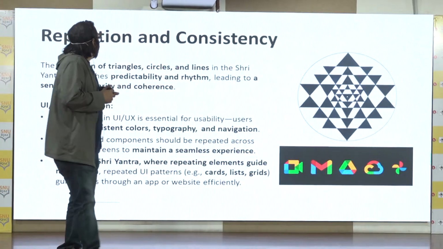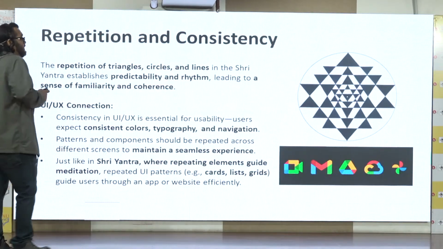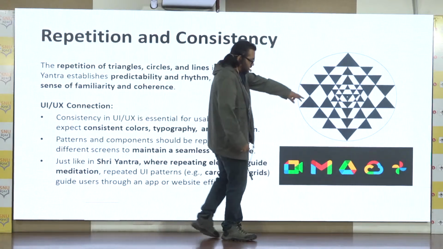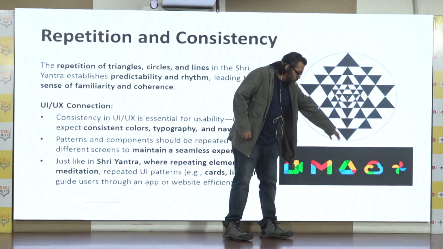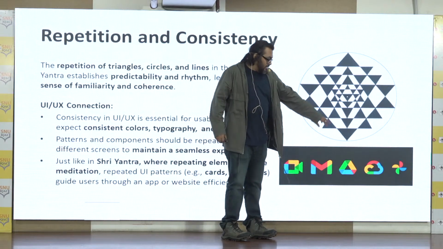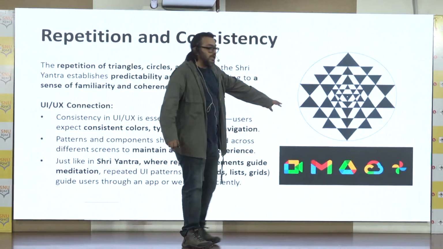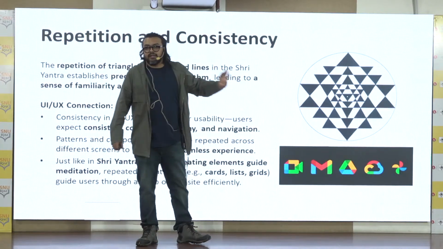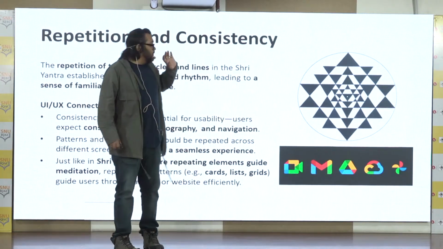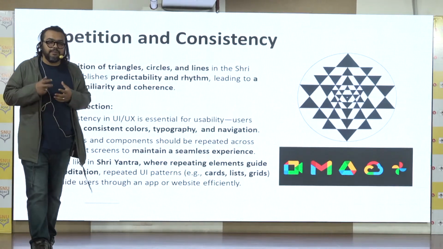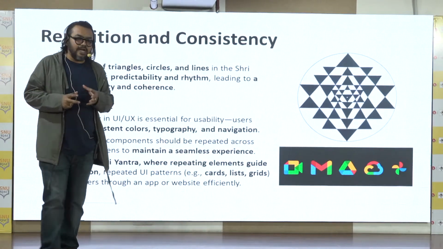Now, let's say the consistency or repetition part of it. I have taken the 6 or 5 icons from Google. If you see, without a blink of an eye, you will say these are Google icons. I didn't even have written them. So, Sri Yantra also creates that using the similar pattern or using the similar structure.